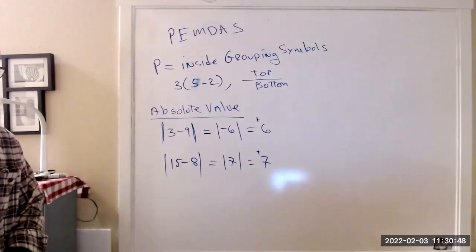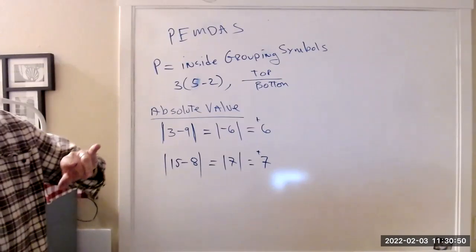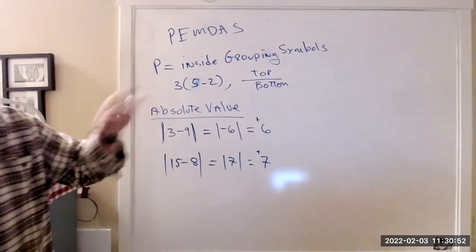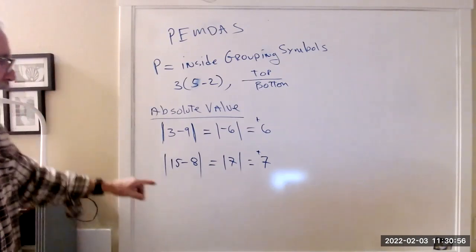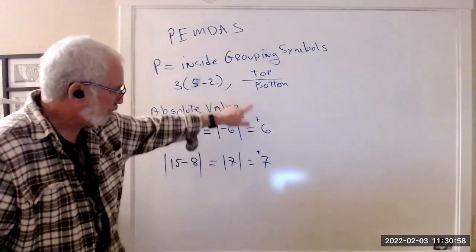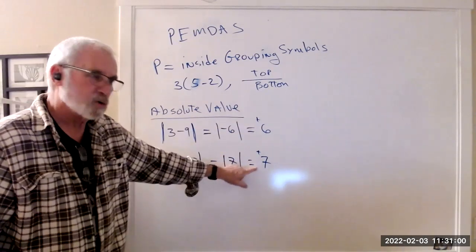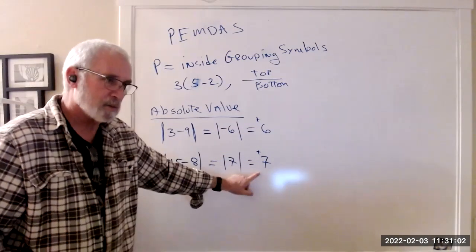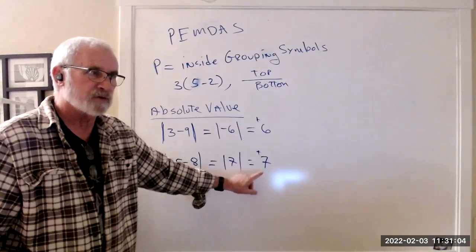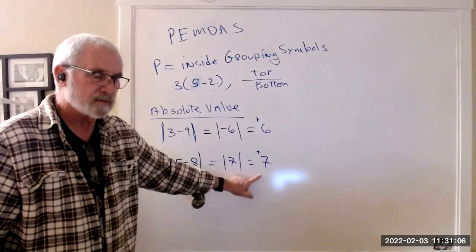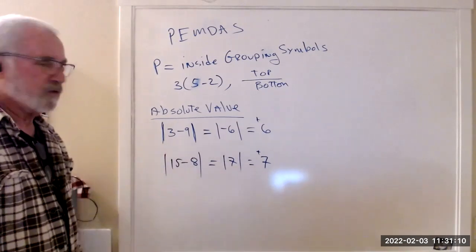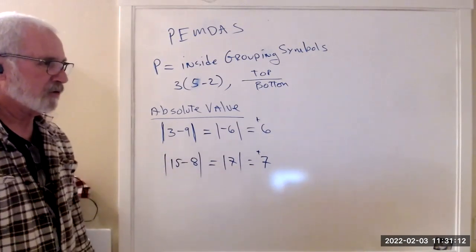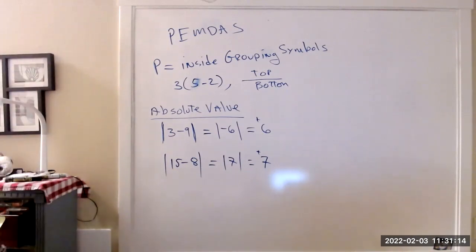A lot of people want to change it. They go, if it's negative, I make it positive. If it's positive, I make it negative. No. The absolute value symbol says your answer to the absolute value part of the problem is always a positive number. Always. Is that okay with everybody? Because I am going to try and trick you right now.